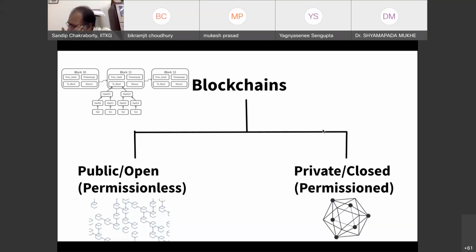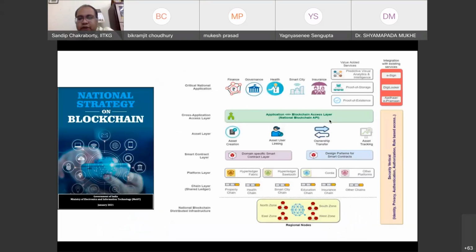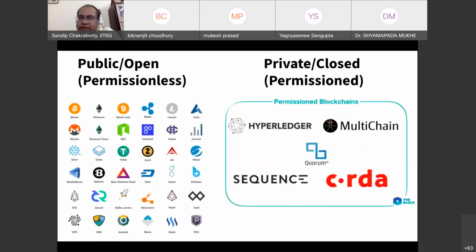If you look at the different platforms which are available to facilitate these two types of blockchain, the public platform and the private platform, you will see that there are various solutions available.